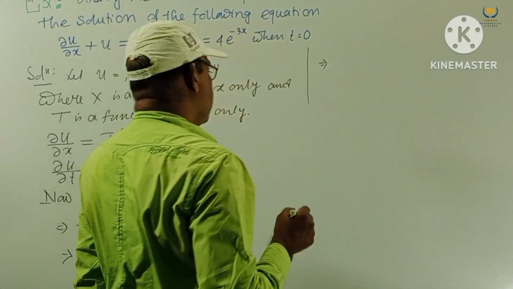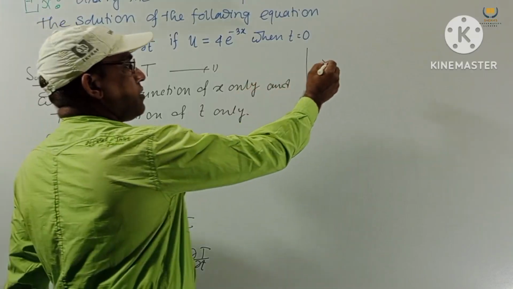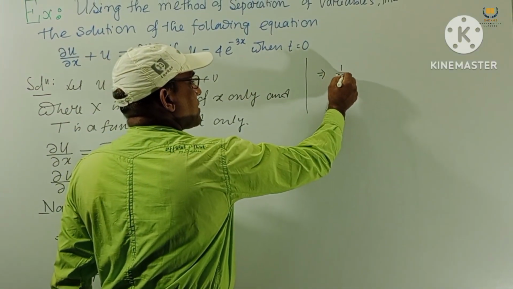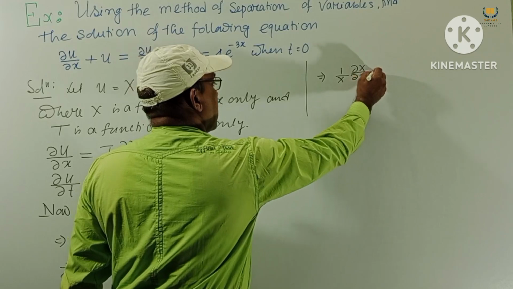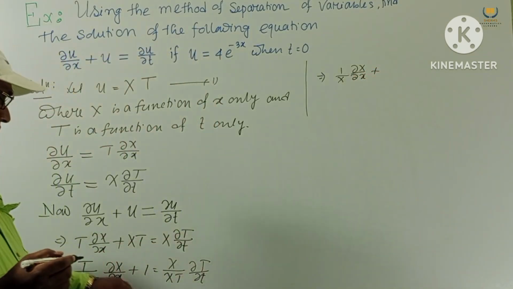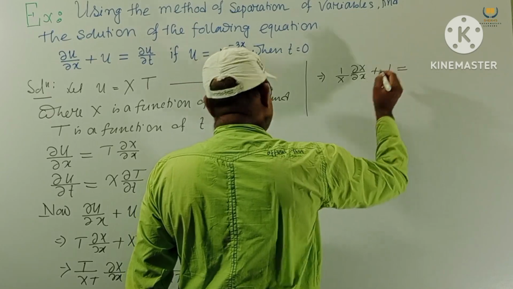This implies T cancels, (1/X) ∂X plus 1, and X cancels, (1/T) ∂T.